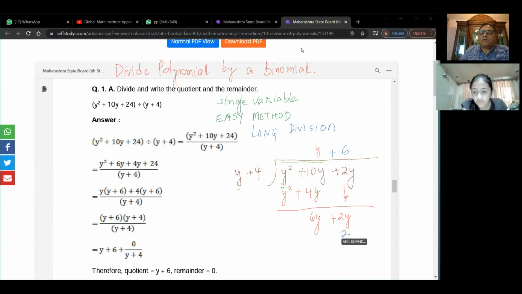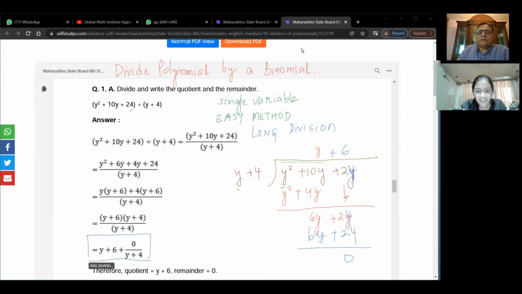I copied this. There was no y here. It was 24. Right? So it is 24, not y. So 6 times 4 is 24, and 6 times y is 6y. Correct? And we get a remainder, which is 0. So do you see we get the same result?